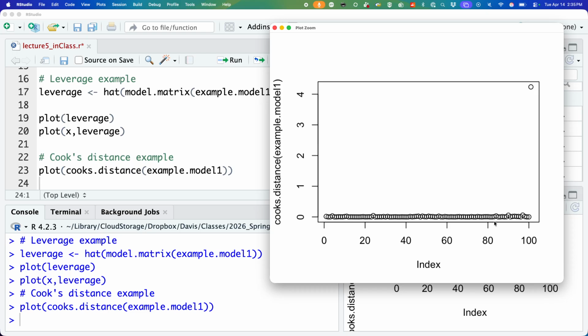Once again, we've made it abundantly obvious in this case. It's very apparent that it looks very different from everything else. Note that Cook's distance is not like leverage in the sense that it doesn't index between 0 and 1. It is dependent on the context of the values and the magnitude of the numbers in your data set.